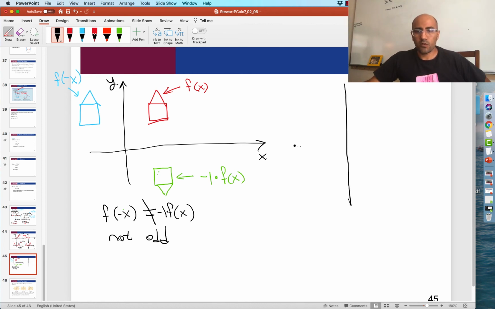All right, so let's go over here and draw another one. So here is y, here is x. Let's look at the function. Let's say the original function looked something like this.